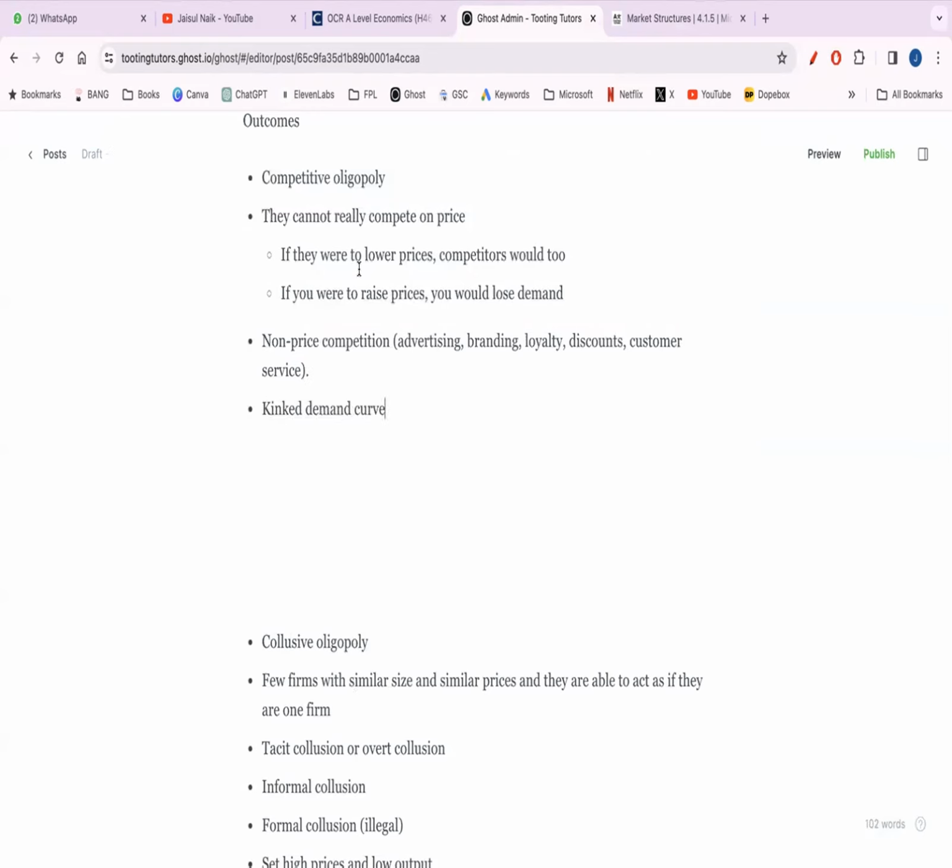The kinked demand curve is really simple. It's just a line that looks like this, so price, quantity, and then that is the equilibrium. And it just illustrates the fact that prices are stuck at this point.